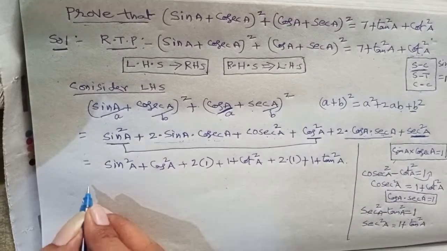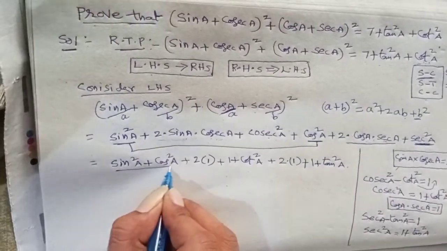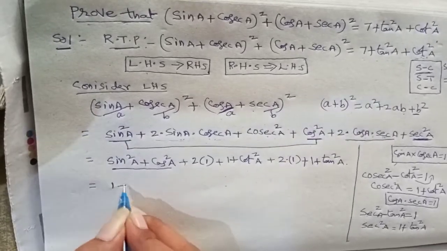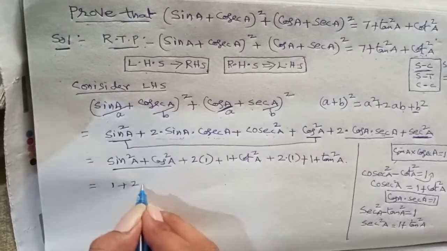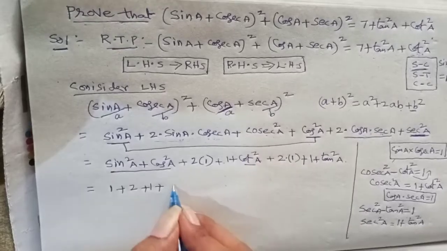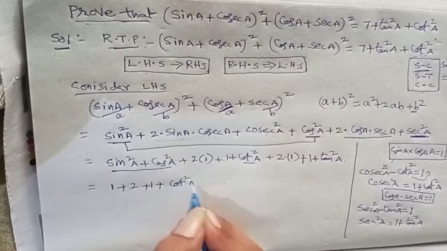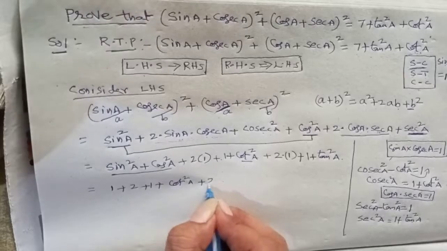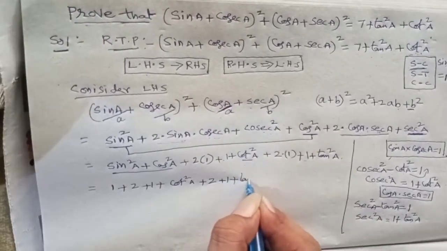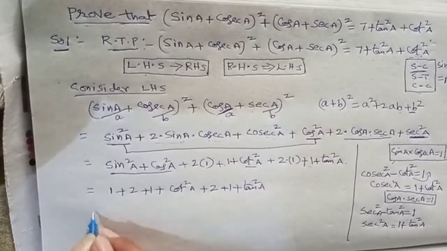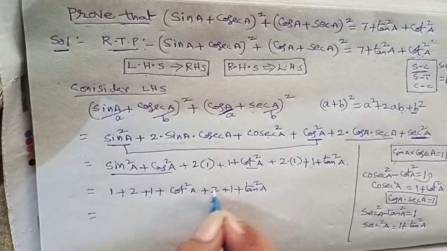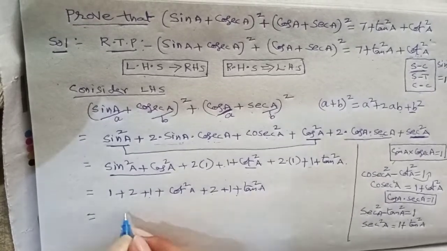Then you have to write down sin square A plus cos square A, which is the first identity. The value is equal to 1, plus 2 into 1, that is 2, plus this cot square, plus 2, plus 1 plus tan square. Therefore, you have to add all the constants: 1 plus 2 is 3, 3 plus 1 is 4, 4 plus 2 is 6, 6 plus 1 is 7.